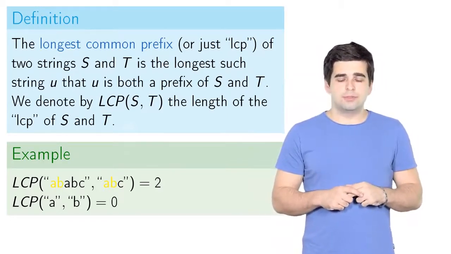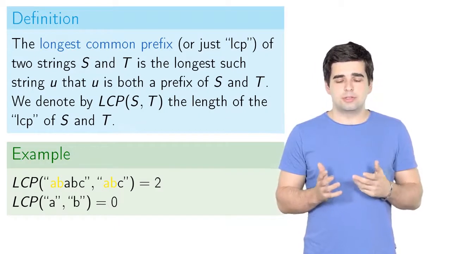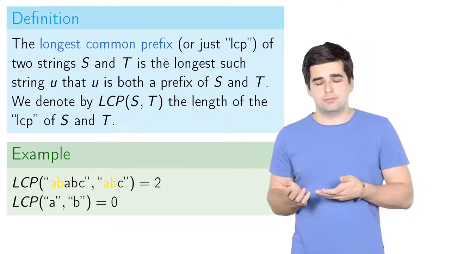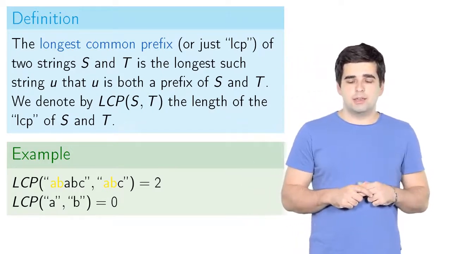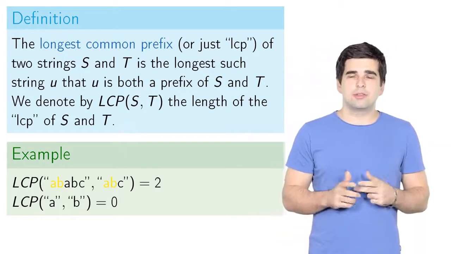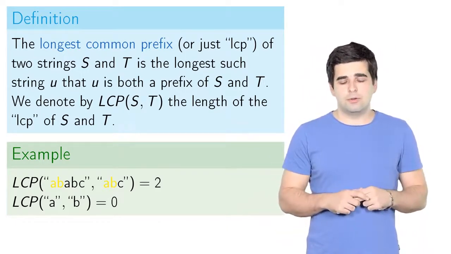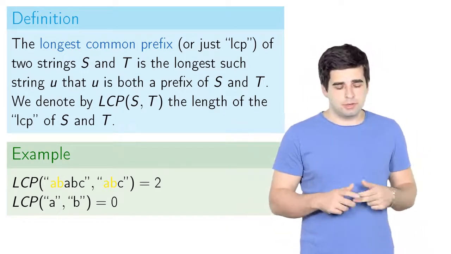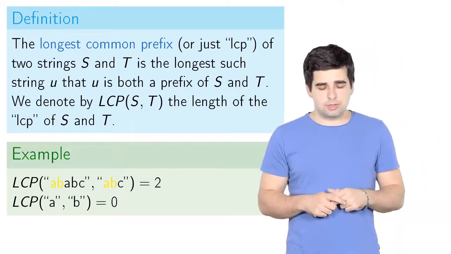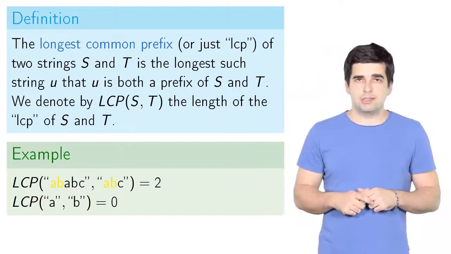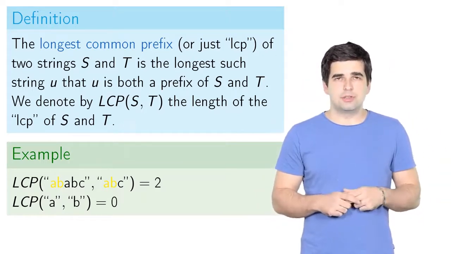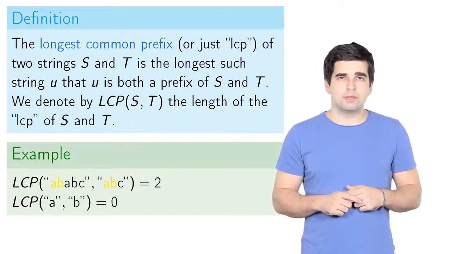So the LCP of two strings S and T is the longest such string u that it is both a prefix of S and of T. And we denote by big LCP(S, T) the function which returns the length of the LCP of strings S and T. For example, LCP of ABC and ABC is 2 because their longest common prefix is AB and its length is 2. And LCP of strings A and B is 0 because their longest common prefix is empty.